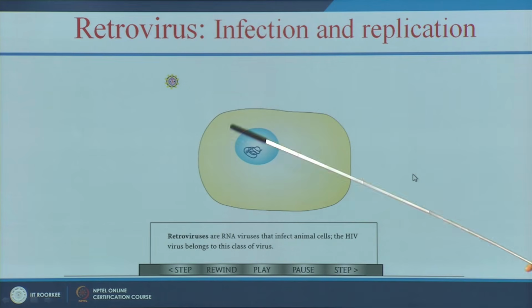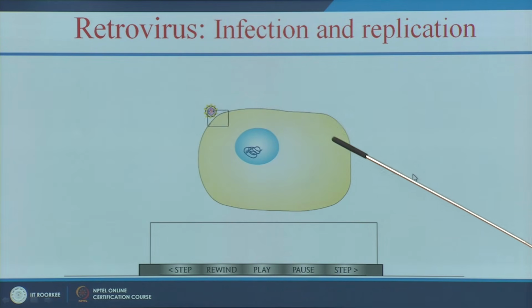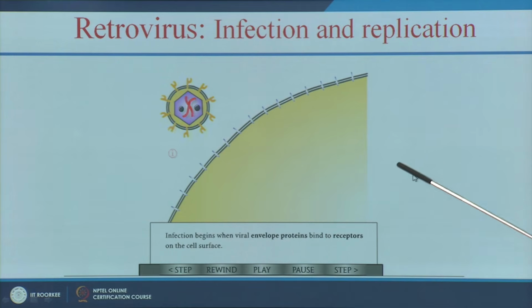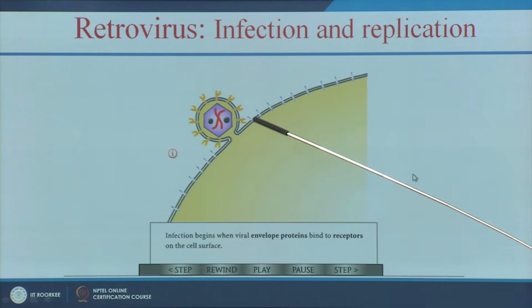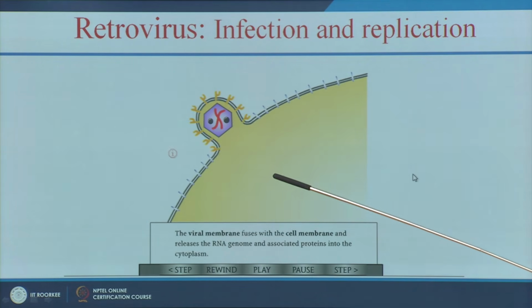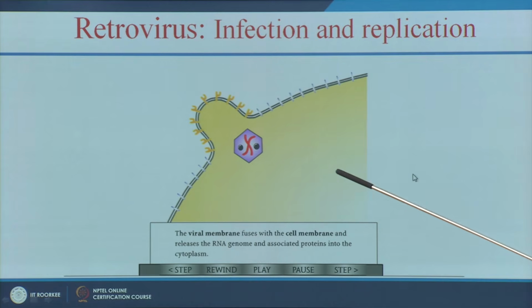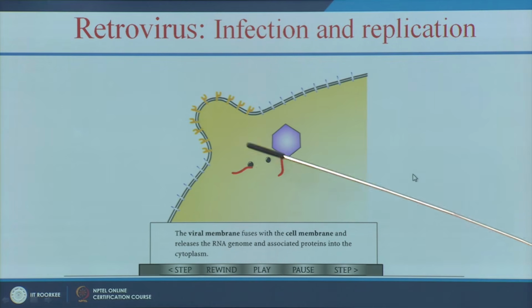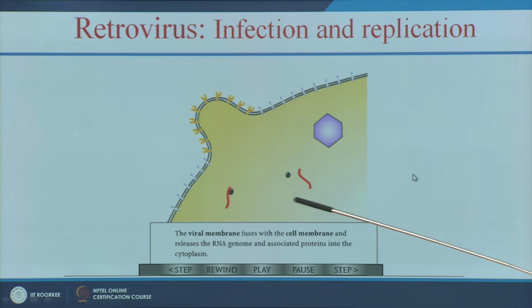So this is a viral infection and replication cycle of a retrovirus. So from this animation you can understand how the retrovirus comes and binds to the mammalian cells and how it is going to replicate. See, the first step is attachment of the virus to the mammalian cells.